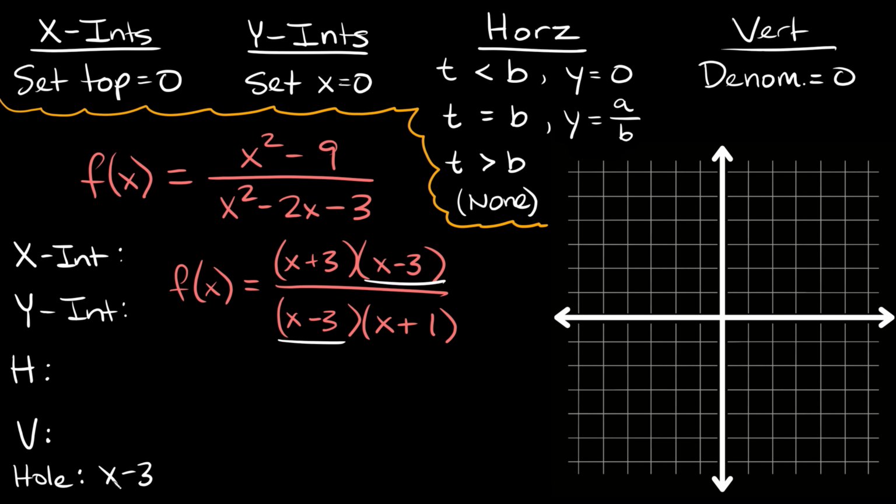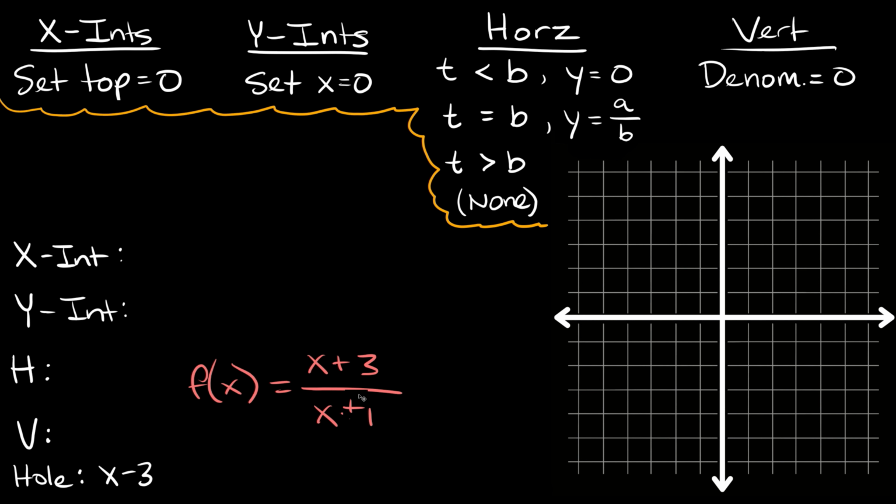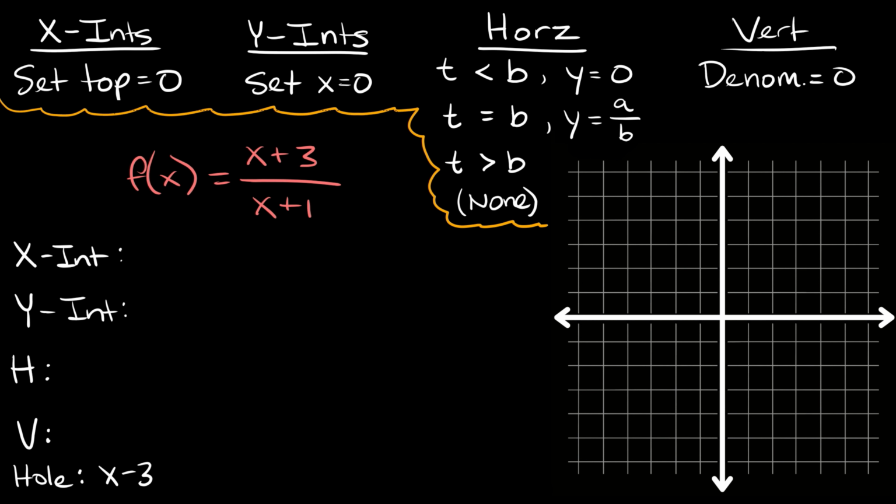Okay, so I'm going to explain a little bit more what the hole is, but for now we can basically just cancel these out, all right? So then we can rewrite our function f of x as on top, all we're left with is x plus 3, and on the bottom, all we're left with is x plus 1, okay? So now this is the function we're going to use to figure out all this information, the intercepts and the asymptotes. Okay, so it's almost like we're starting from scratch, from the beginning.